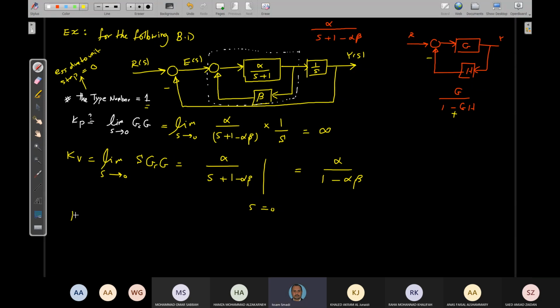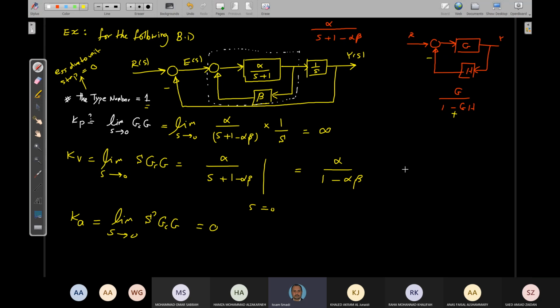But KA equals what? It's the limit when S goes to 0 of S squared GC G. But I know this is type 1, so this will equal 0 for sure. Do you remember type 1?